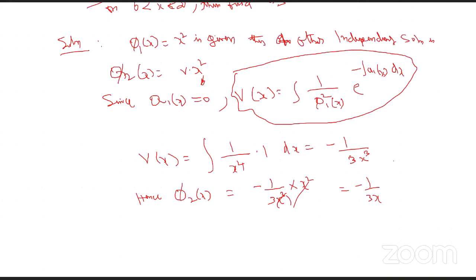So x lies between 0 and infinity. 0 less than x less than infinity means the value of x lies between 0 to infinity.